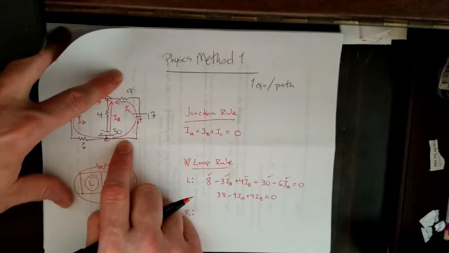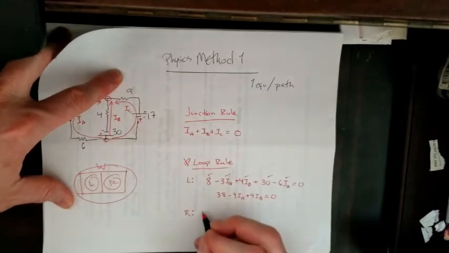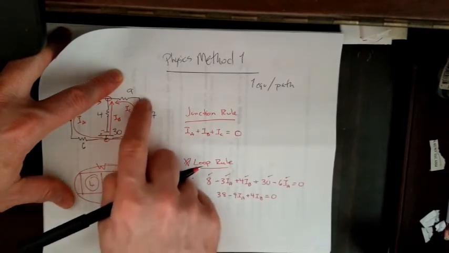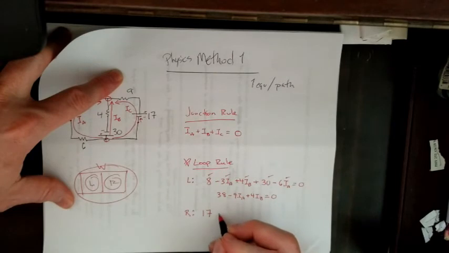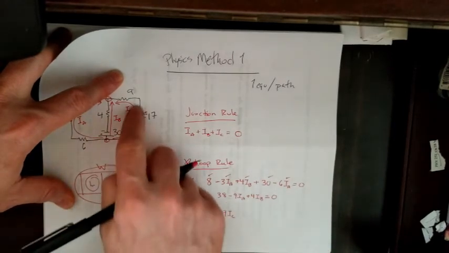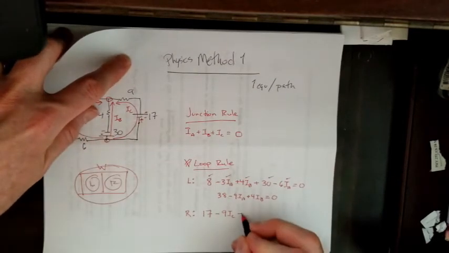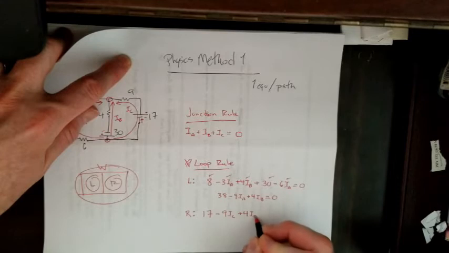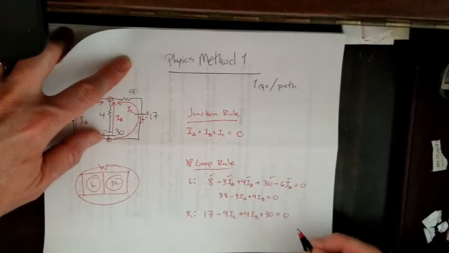That's just the way I'm picking it. So I go across this battery from the negative to the positive side, so that's 17. I'm going across this 9 ohm resistor in the direction of that current, so minus 9IC. Then I'm going down here against the current that I selected, so that's plus 4IB plus 30 equals 0.